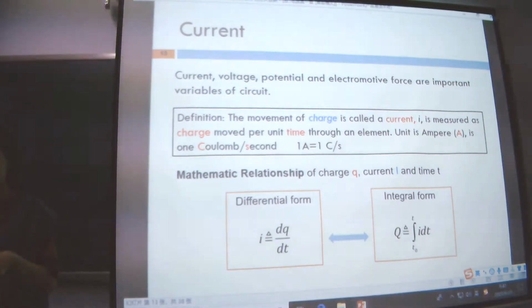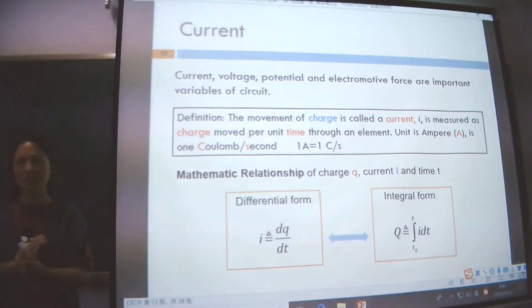What is the reason? Just look at this equation. In the denominator we have dq. How do we know dq in the real world?